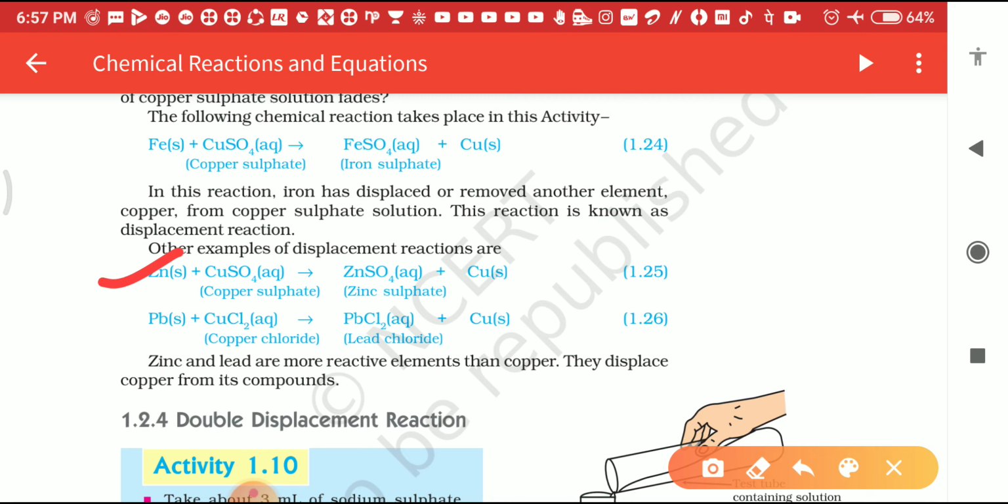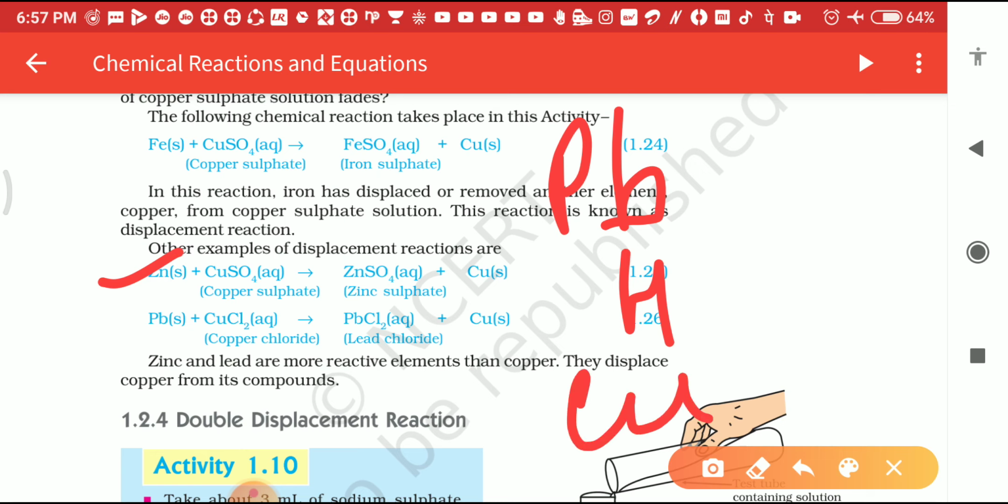Now another example is given here, lead plus copper chloride in aqueous solution, which gives lead chloride plus copper. Again, when we see the reactivity series of metals, you can just see the position of lead. Where is the position of lead? Students, once again you will see here Pb is here, hydrogen, then here copper. You can see Pb is just above the copper.